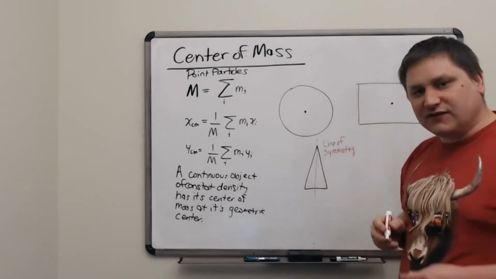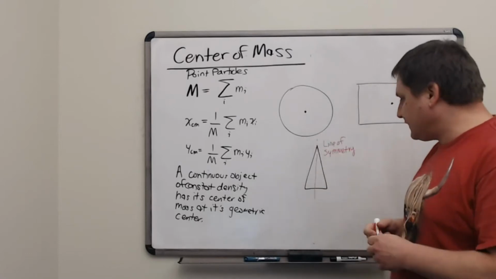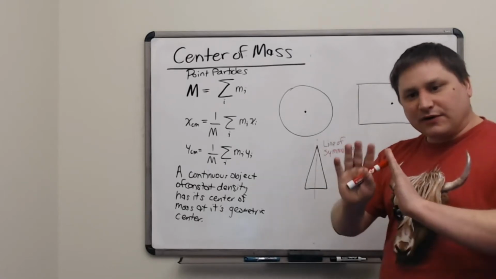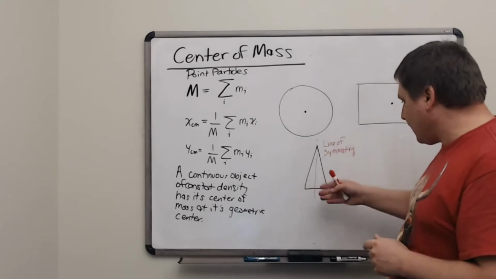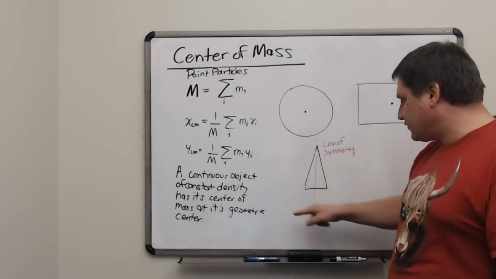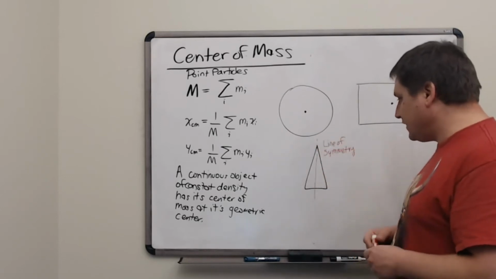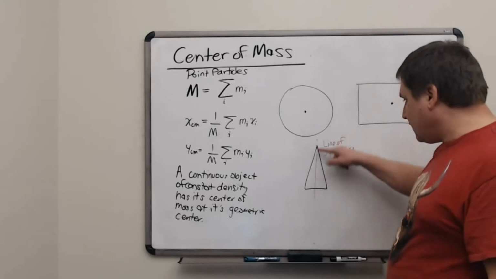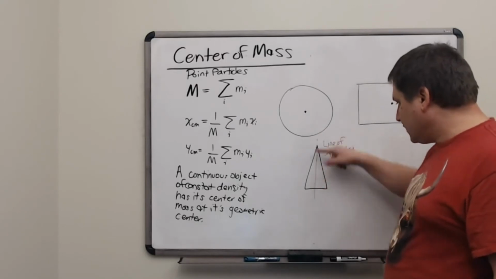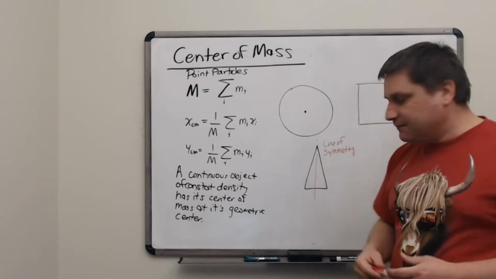It has one line of symmetry, a line of reflection symmetry straight down its center. So if I were to reflect this object across this line, it would stay the same. So we know that the center of mass, or the geometric center of this isosceles triangle, must lie somewhere along the line of symmetry. What we don't know is how vertical the center of mass, or geometric center is. But we do know it's along this line.